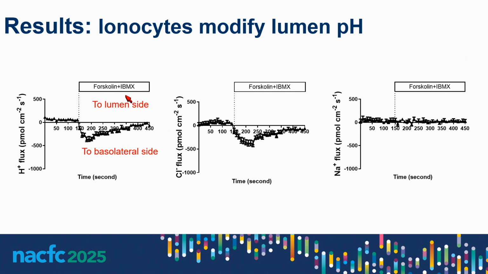And the chloride ion is moving from the luminal side to the basolateral side. And before and after forskolin and IBMX stimulation, there's almost no sodium movement through that single pulmonary ionocyte.